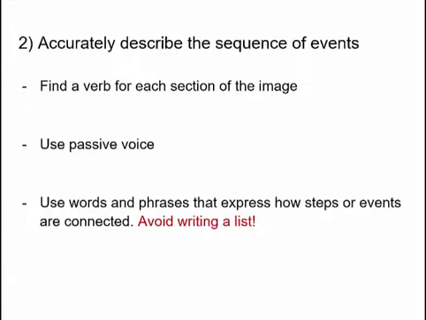Okay, lastly then, you need to avoid the trap of just writing activities, one after the other, actions in a simple list according to what you see in the diagram. You need to make sure you're using words and phrases that connect the activities together. So transition words like first, second, third, last, okay, those work well.